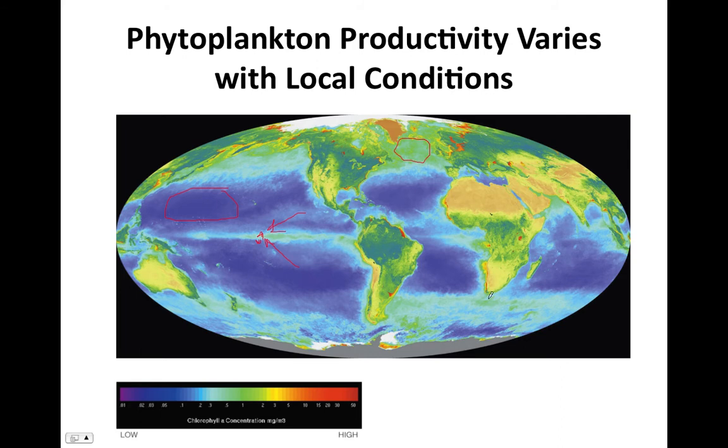So really, when it comes to phytoplankton, for photosynthesis we need light, water, carbon dioxide, and nutrients. For most parts of the ocean, you have a lot of light, a lot of carbon dioxide, and a lot of water. The only limiting factor is the nutrients.